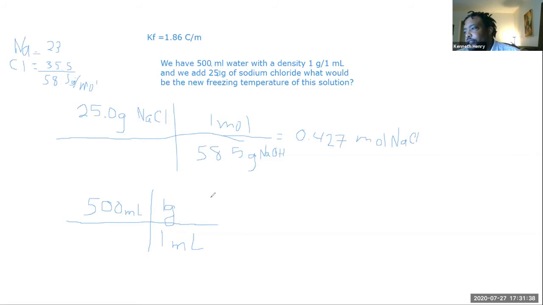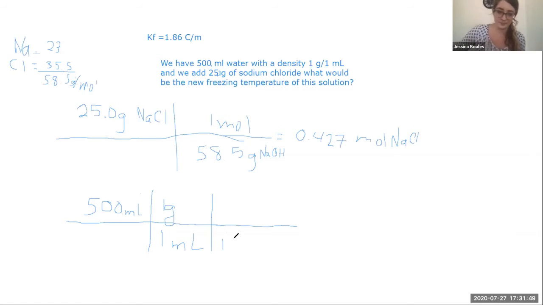Now, that's an easy conversion. So now how do I convert grams into kg? It's 1,000 grams per 1 kg.